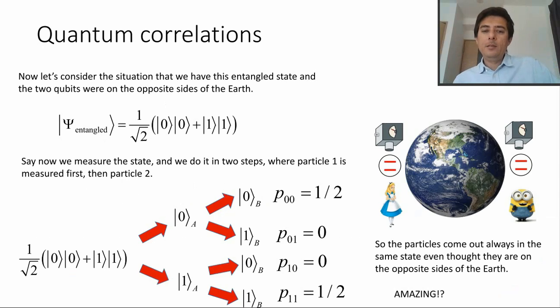This type of state, an entangled state, has some types of quantum correlations.